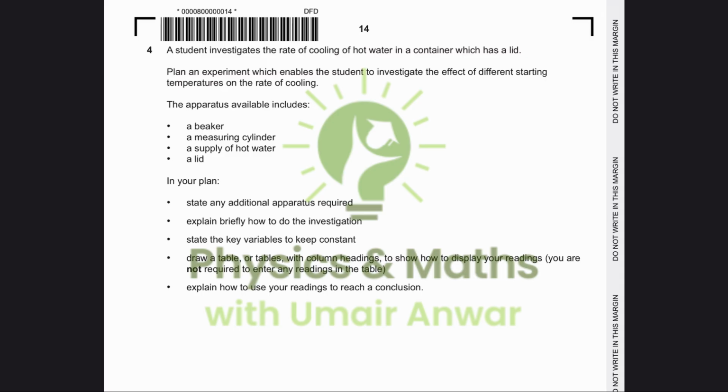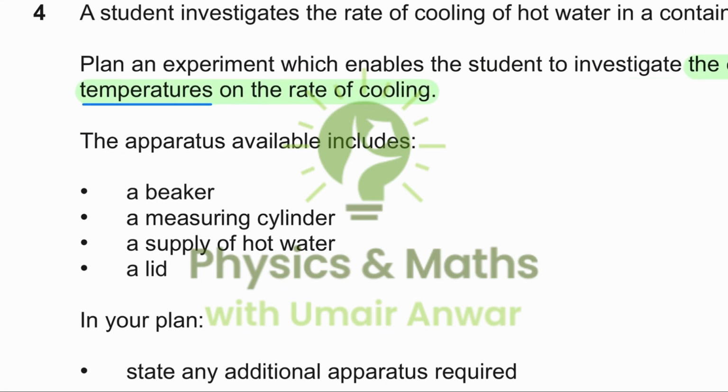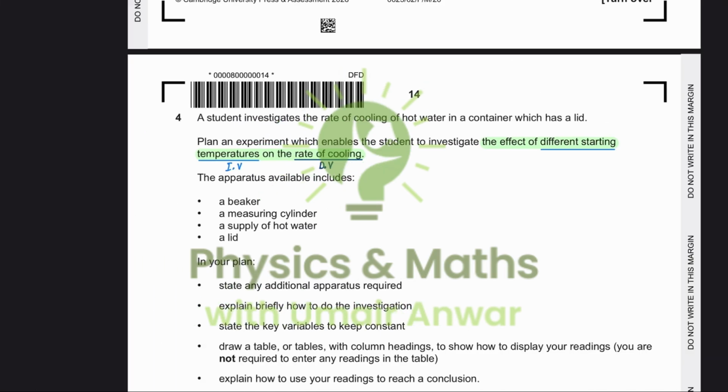So it says plan an experiment which enables the student to investigate the effect of different starting temperatures on the rate of cooling. So the different starting temperatures are going to be the independent variable in this particular investigation, which is going to be set by us. And the thing which depends on it and which is going to be affected by it would become the dependent variable, and that would be the rate of cooling.